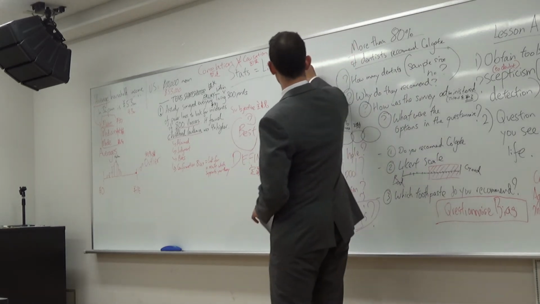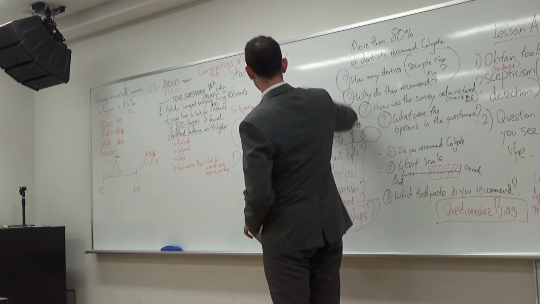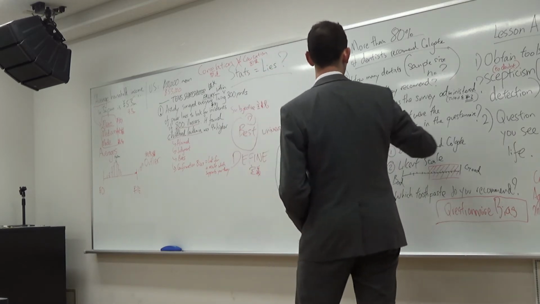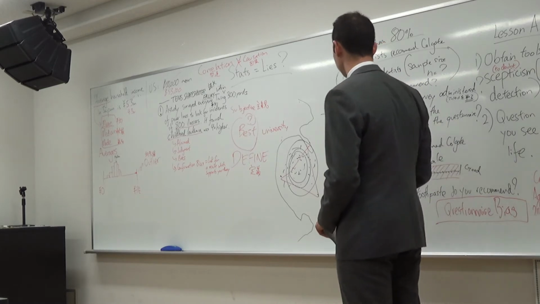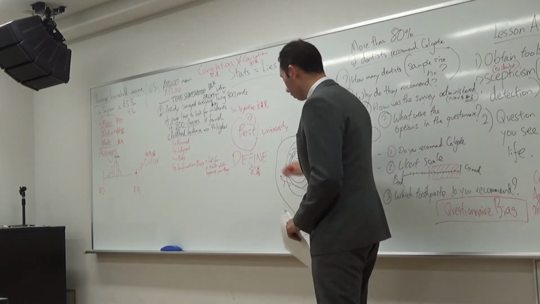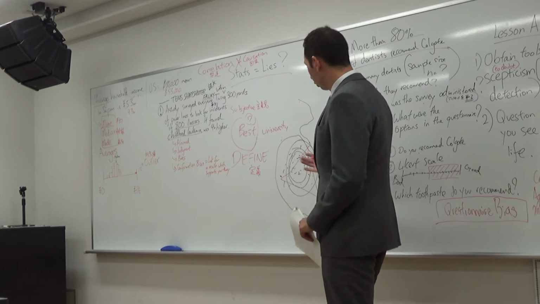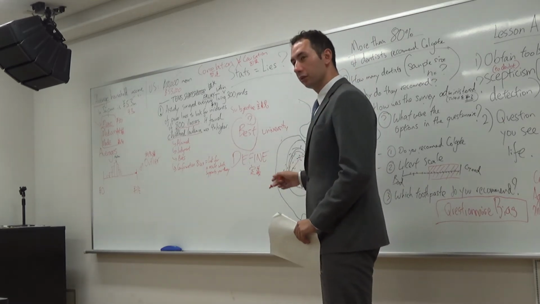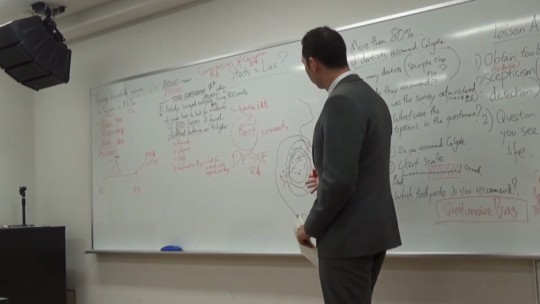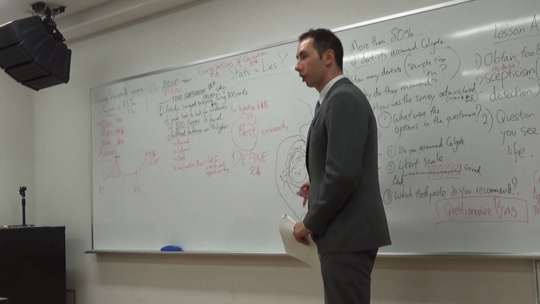Maybe there's a ship that sinks here, a ship that sinks there, and around here there's lots of ships sinking. It looks like there's some kind of triangle. So this is another example of a Texas sharpshooter fallacy.